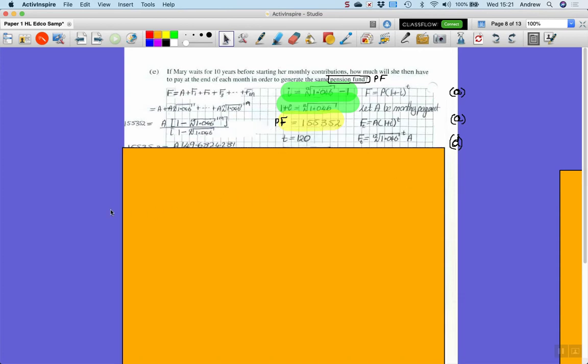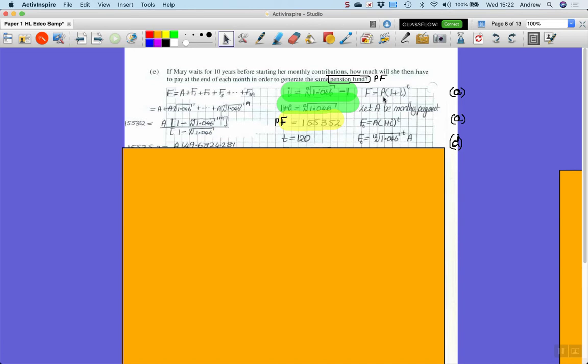It's a saving scheme. It's a future value problem. She wants to get her money into the future, so she's using the future value formula. We are trying to calculate the monthly payment.